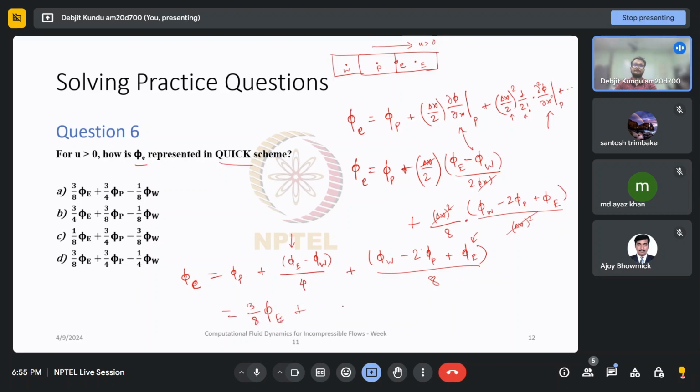Then we will do this for φP. For φP, we have 1 here and minus 2/8 or minus 1/4 there. So 1 minus 1/4 is 3/4. And for φW, we have minus 1/4 and plus 1/8.